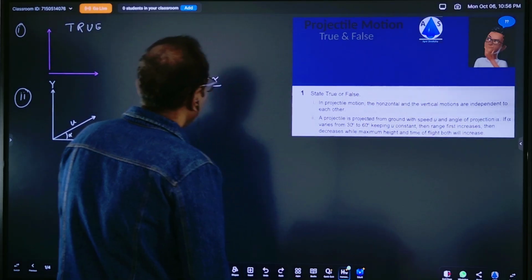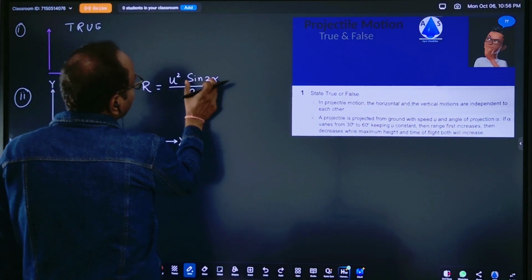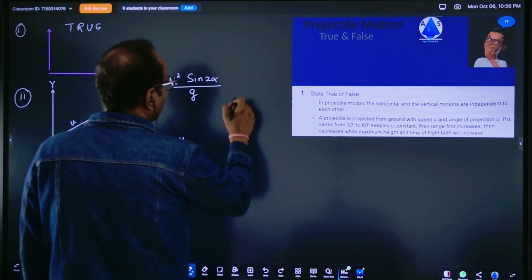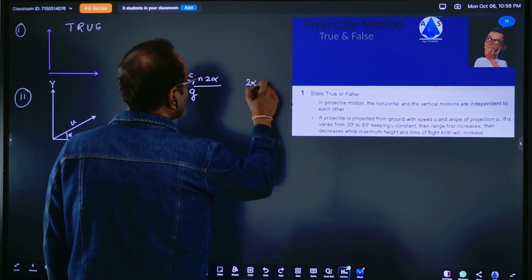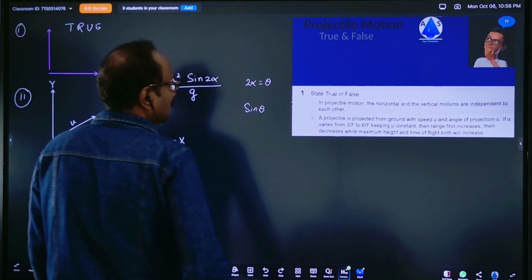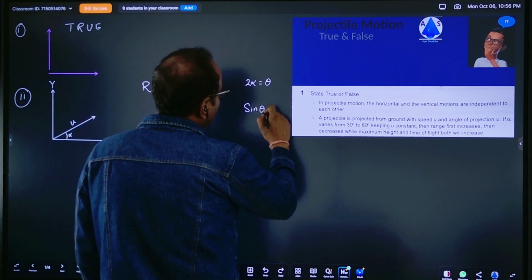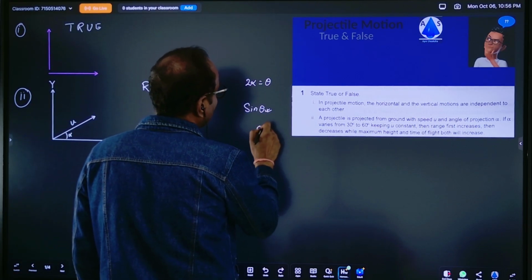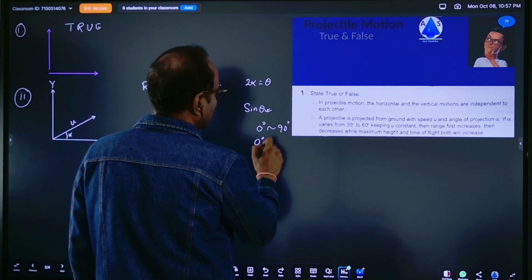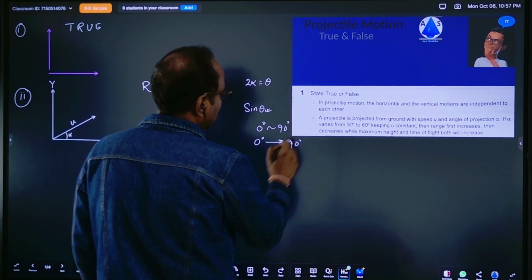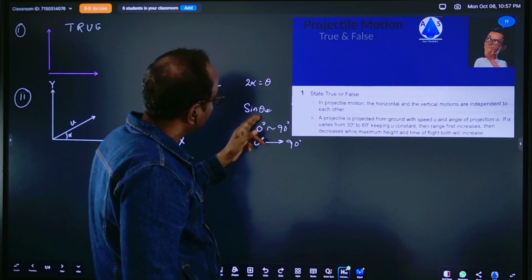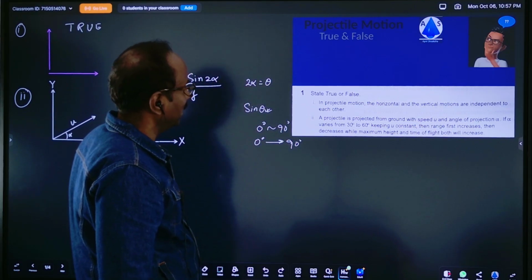You also know that, if we say 2 alpha is equal to theta, sine theta will increase when theta is changing from 0 degree to 90 degree. So from 0 to 90 degree, sine theta will increase, means sine 2 alpha will increase.